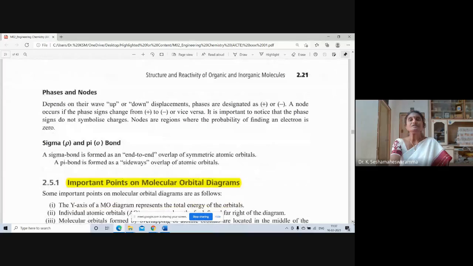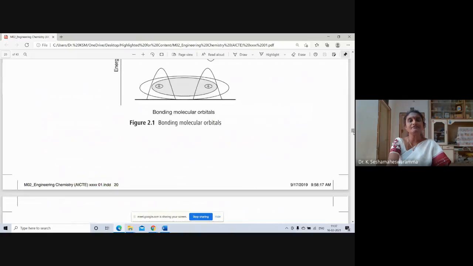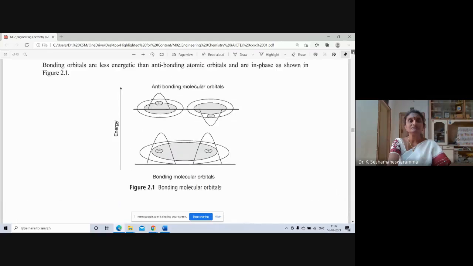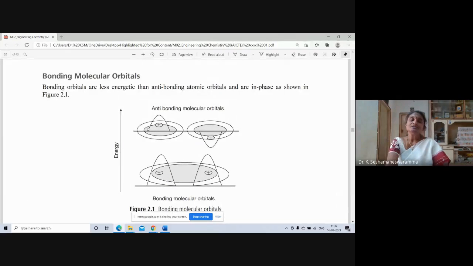A node occurs if the phase signs change from positive to negative or vice versa. Suppose here, this is one phase, this is another phase, and here the electron density is more, here also the electron density is more.